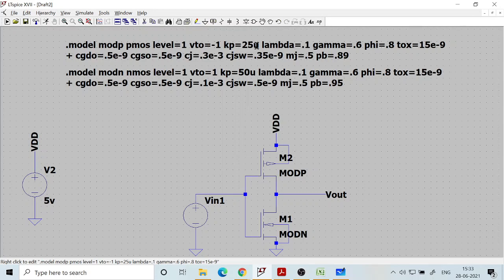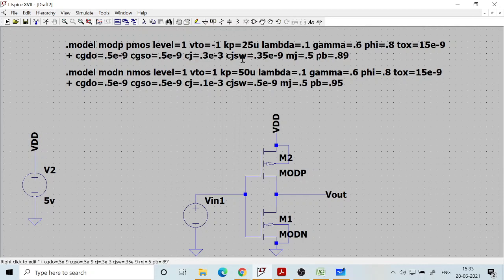Kp is basically the process transconductance parameter, 25 microns. We don't specify the entire unit, we just give whether it is micro or nano, etc. Okay, lambda 0.1, gamma, then phi. I hope you know all these parameters by now.